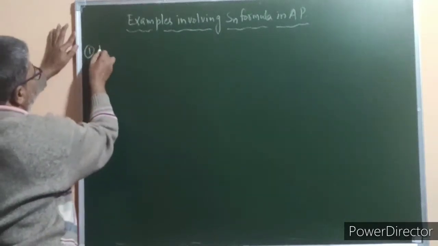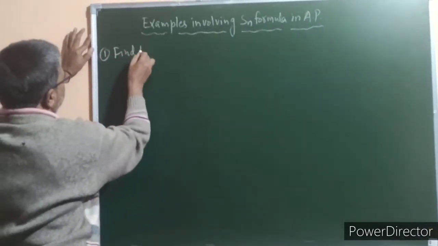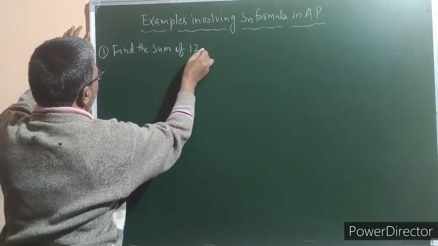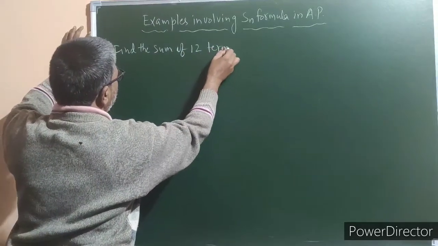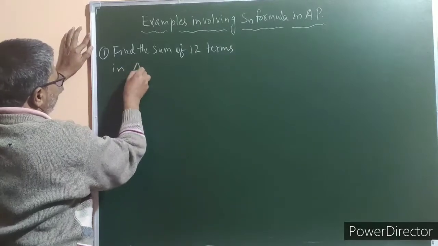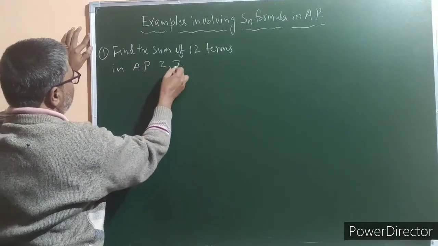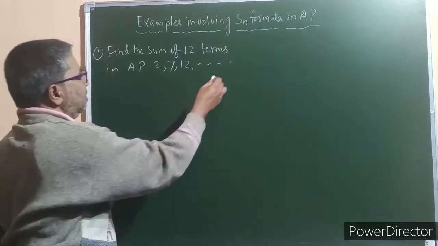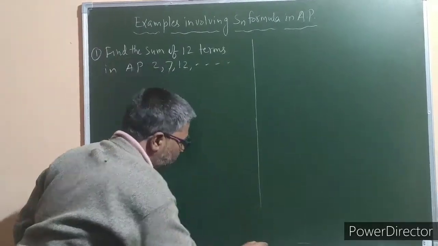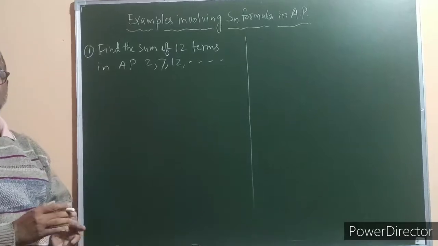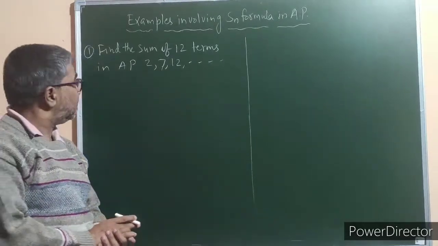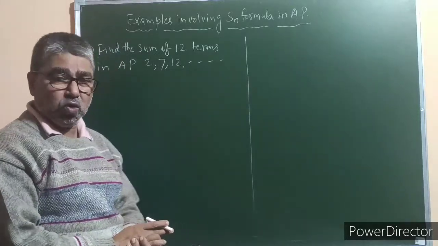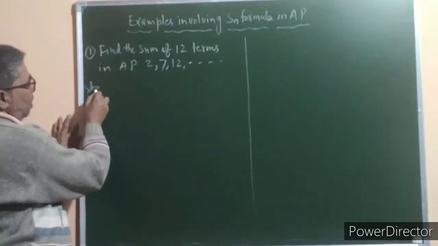Example 1: find the sum of 12 terms in AP 2, 7, 12, and so on. So this is the first example. Solution.